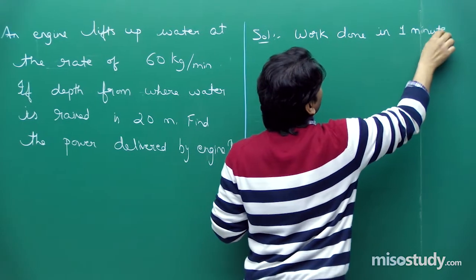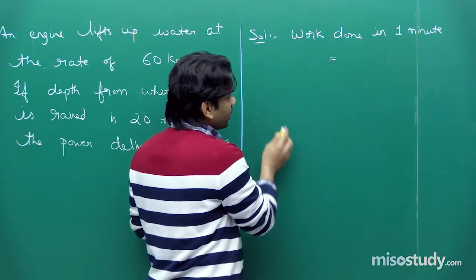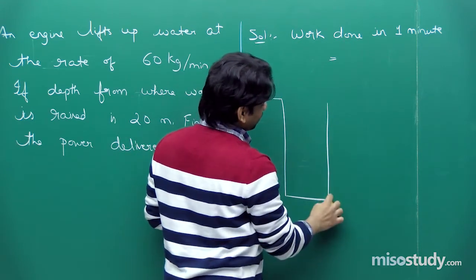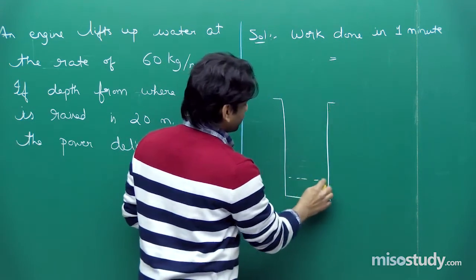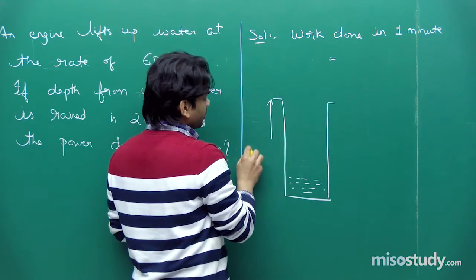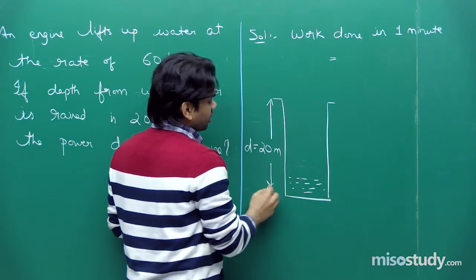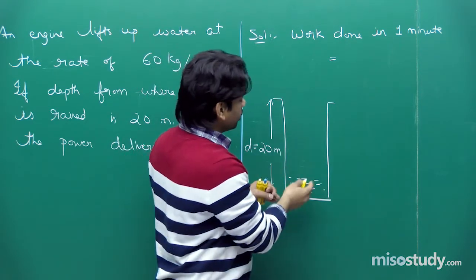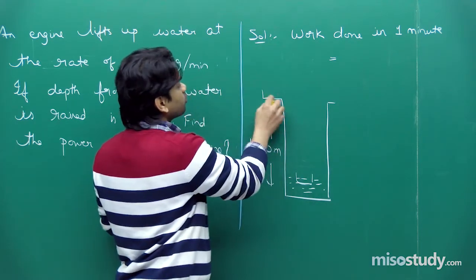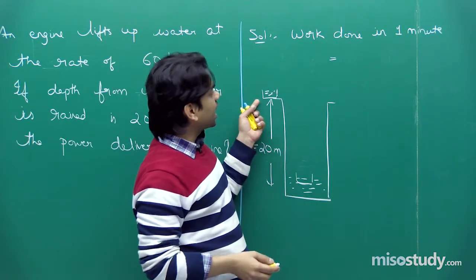Just see this diagram. Let's say you are lifting water which is present here at the bottom. Its depth is 20 meter, as provided in the question. Now from here the engine is lifting water 60 kg per minute and bringing this water up here.